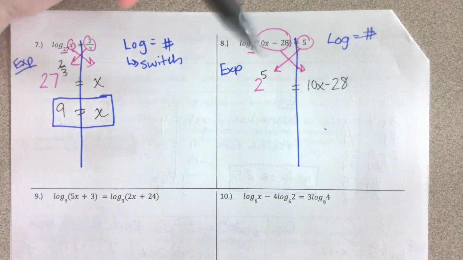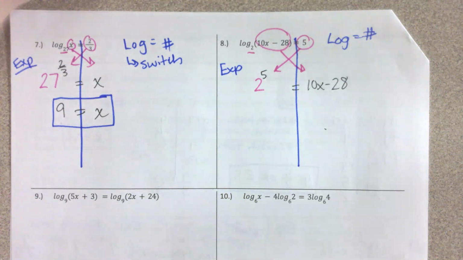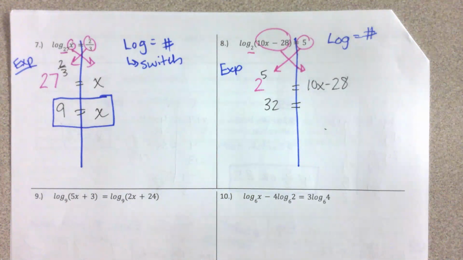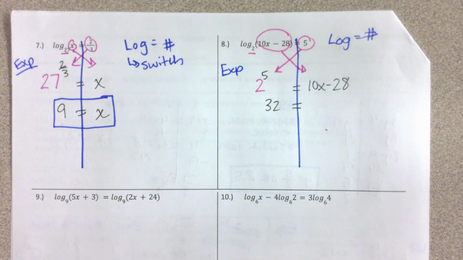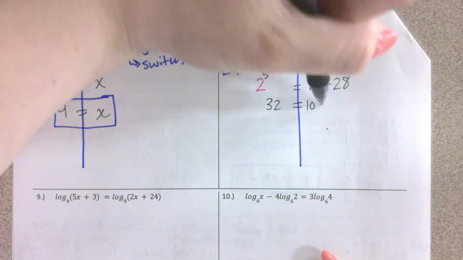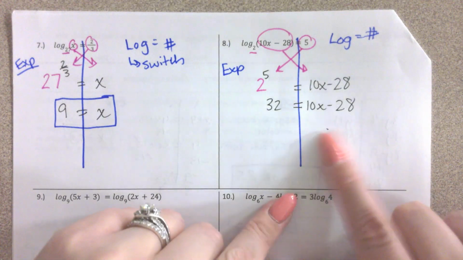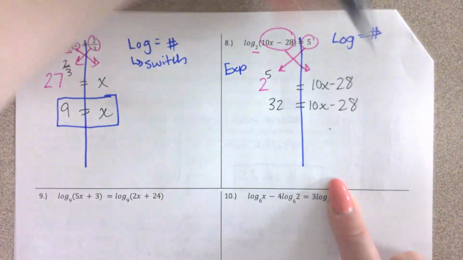From here, just algebra. First, 2 to the 5th, that is 32. I'm going to check that just to be sure. Yep. Equals 10x minus 28. From here, I don't have another x term, so I'm going to move the 28 over here with the 32.